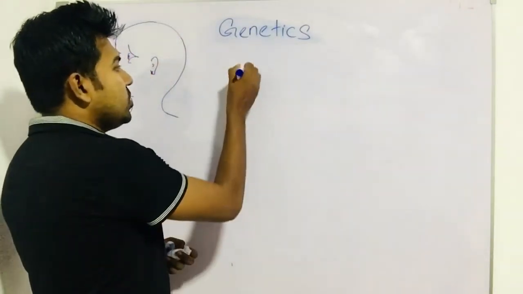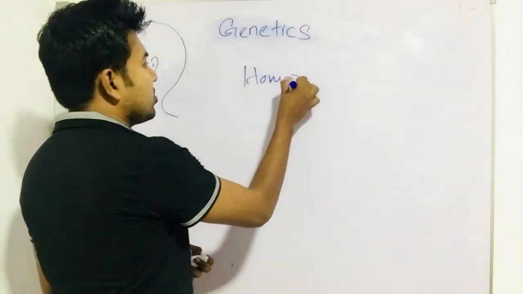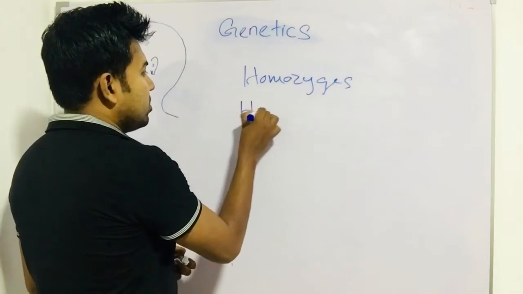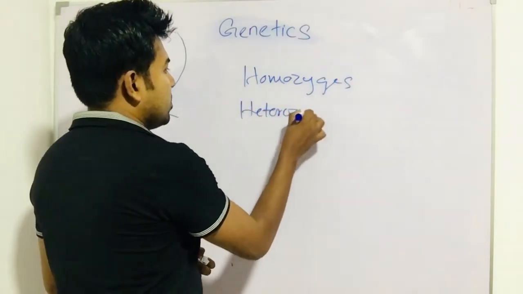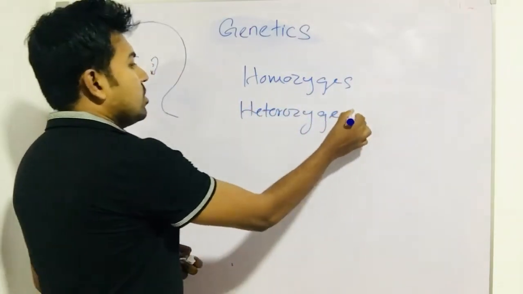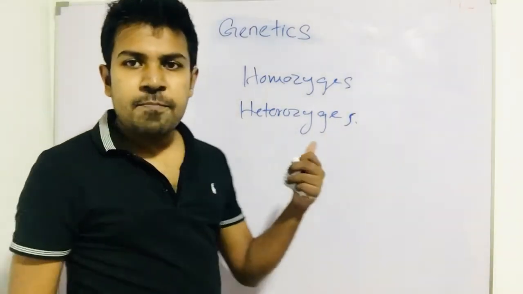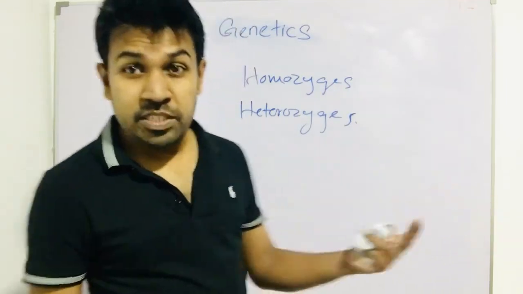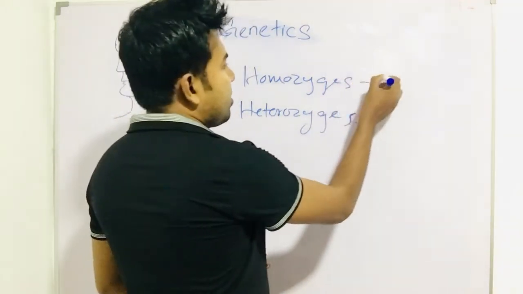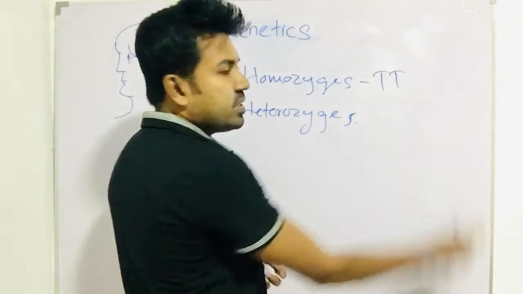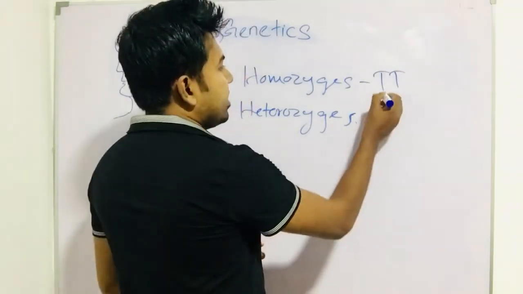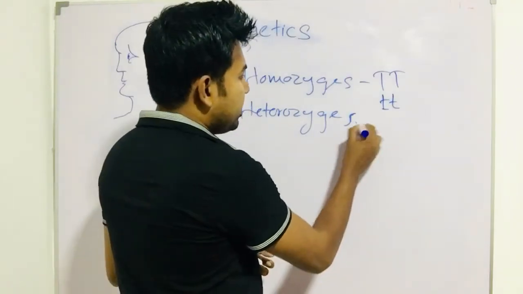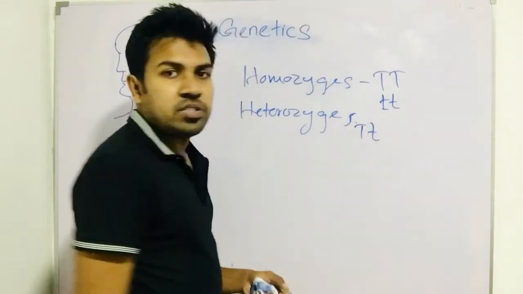There are two things. One is called homozygous and the other is called heterozygous. Homozygous means it has a similar type of gene combination. So therefore, in the above case, capital T is homozygous and simple T is homozygous. Then capital T, simple T is the heterozygous type.